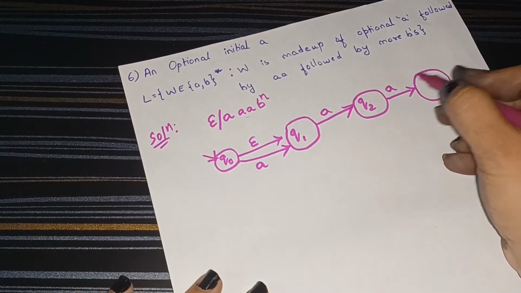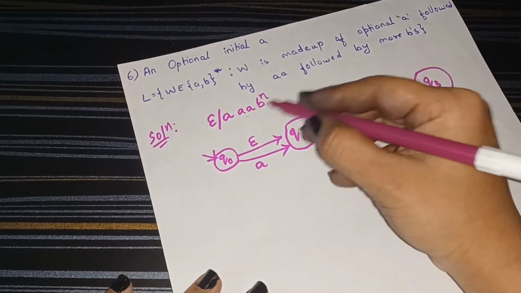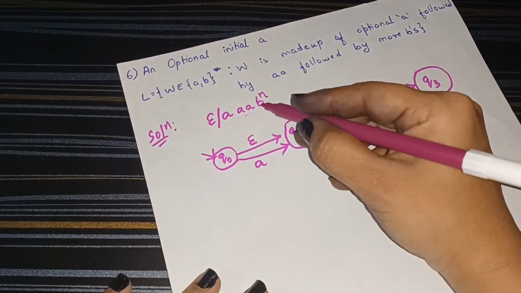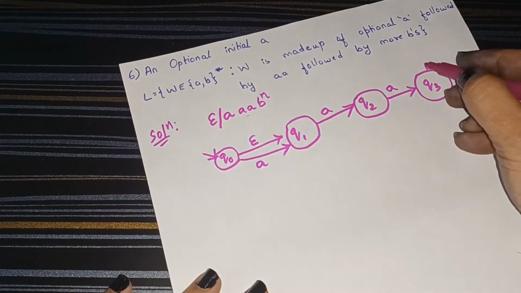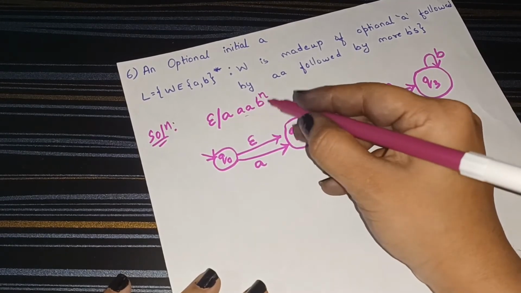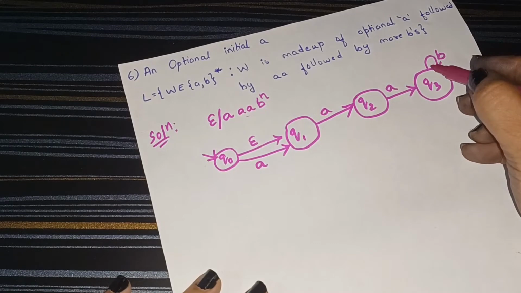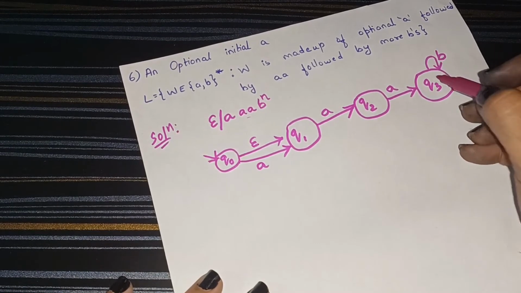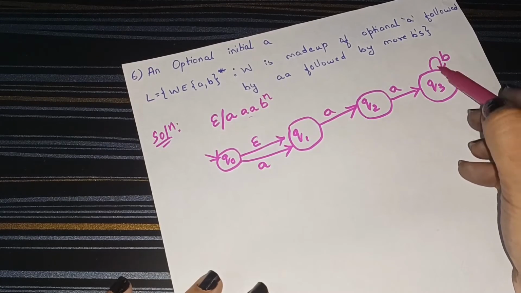and next we have q3, and that is followed by more b's, that is b raised to power n. So we will add a self loop. When b raised to power n is given, multiple number of b's can be formed, so we send more b's to q3 itself.